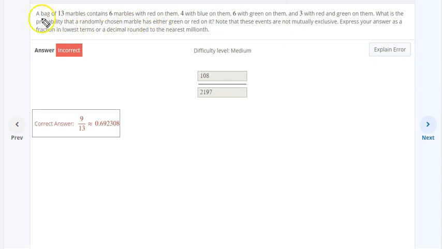So we have a bag of marbles. Well, there's 13 marbles, so that's our sample space. Now, 6 are red, 4 blue, and 6 green.